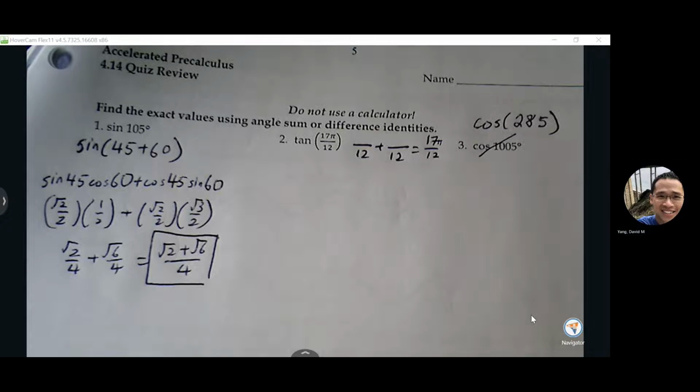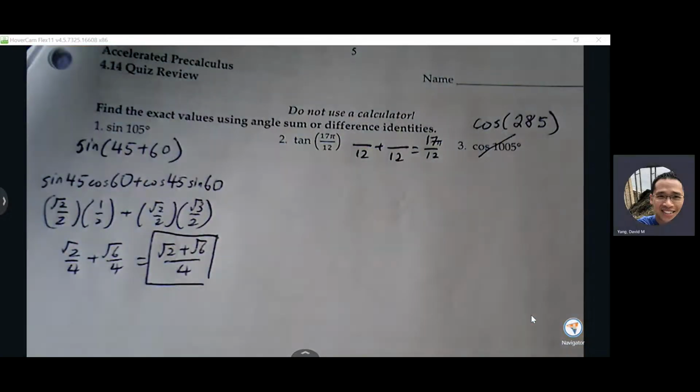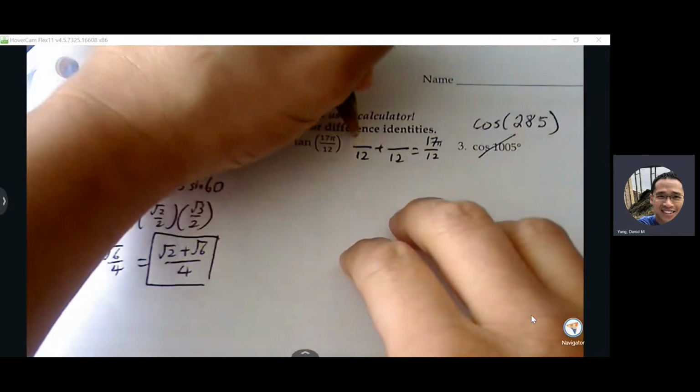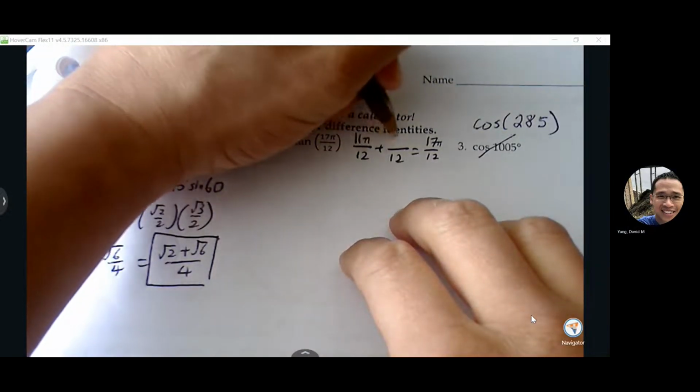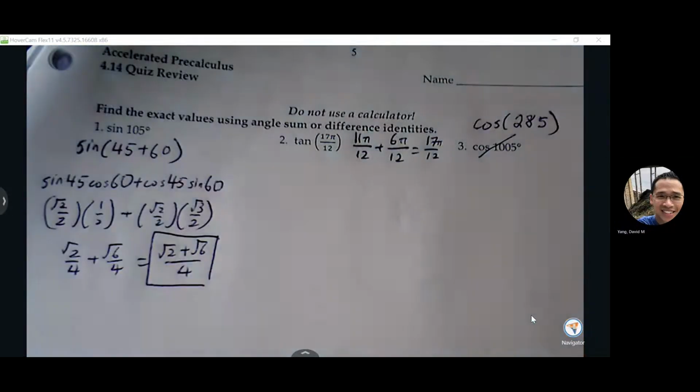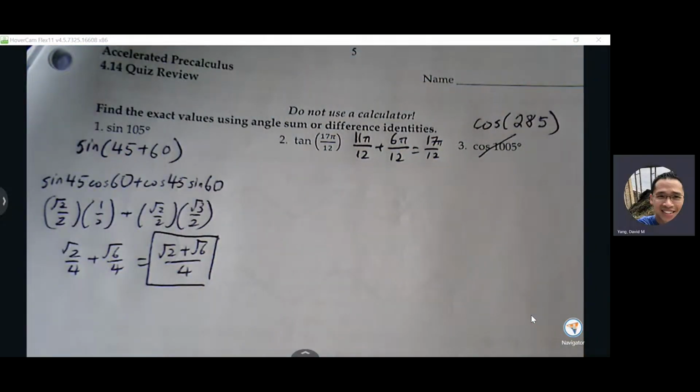11 and 6. 11 and 6, yeah, that works. I did 3 and 14, but yeah, 11 and 6 works. Then 5 over 12.